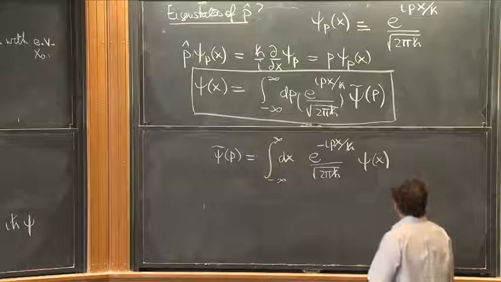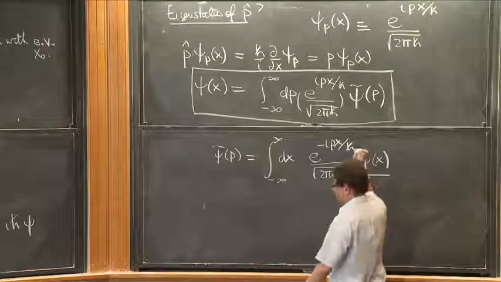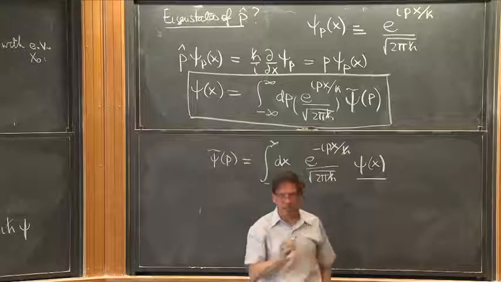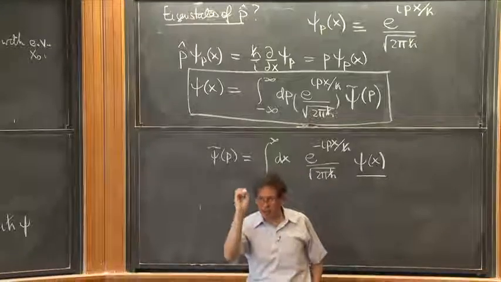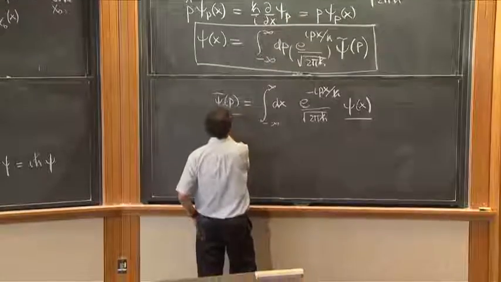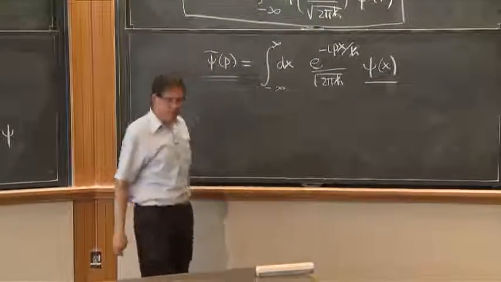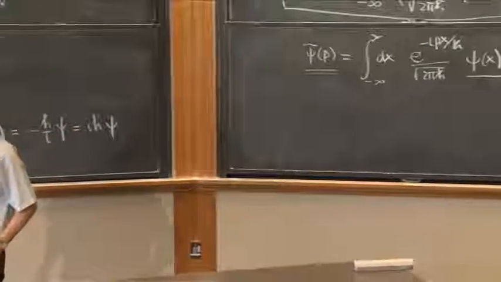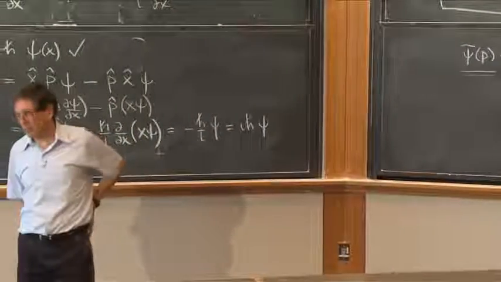The physics is contained in psi of x. All you wish to know about this physical system in quantum mechanics is there in psi of x. But it's also there in psi tilde of p because they contain the same information. So there are different ways of encoding the same information.